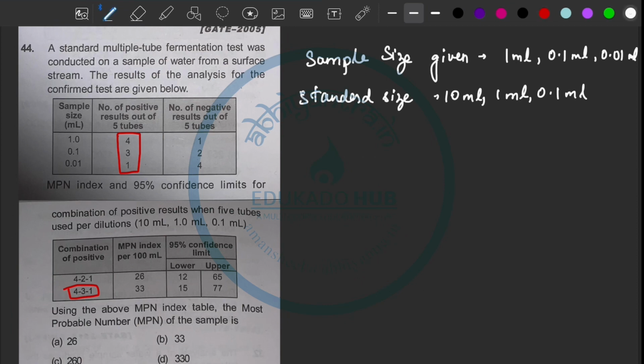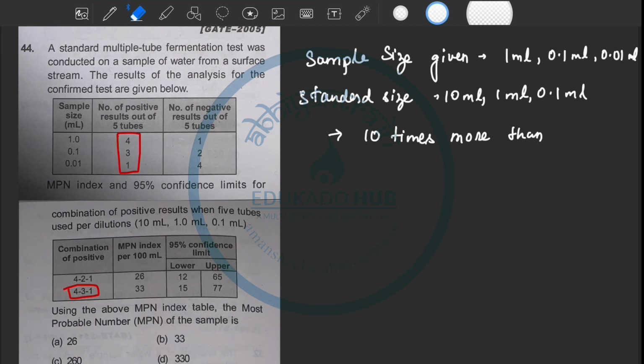We can clearly see that the standard size is 10 times more than sample size, right?